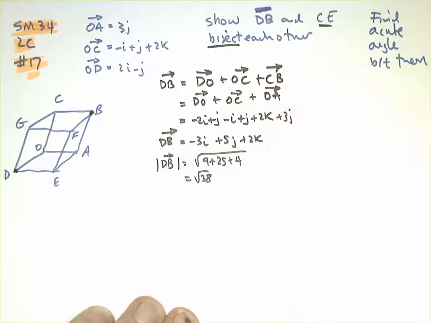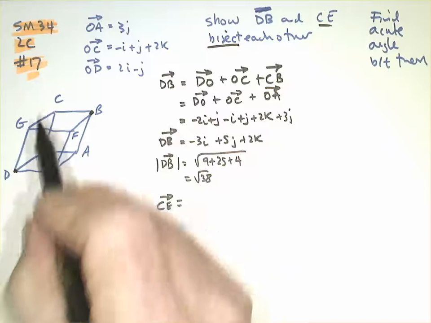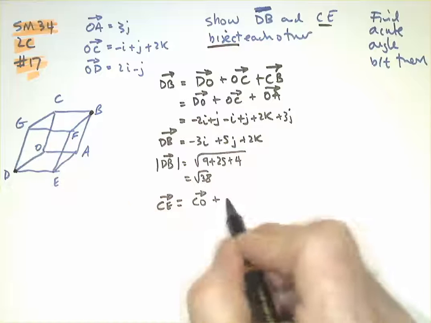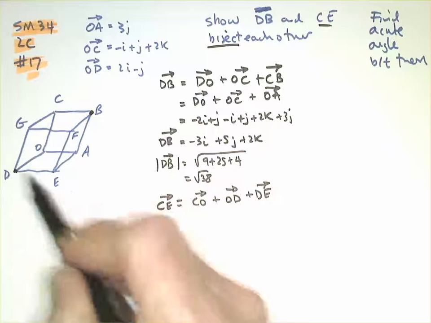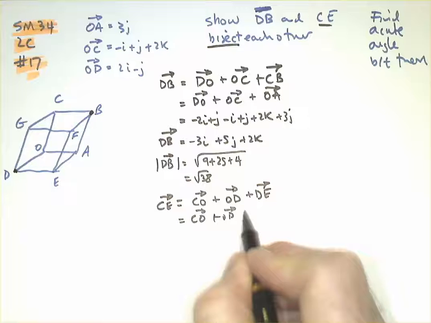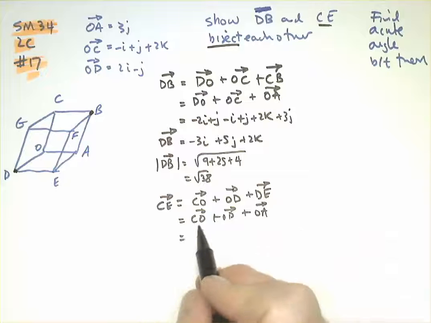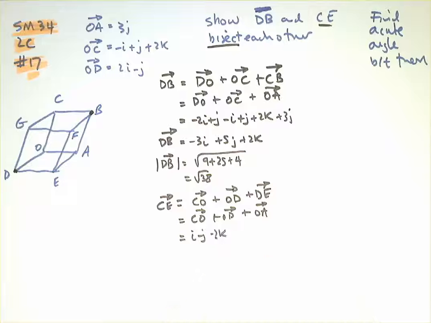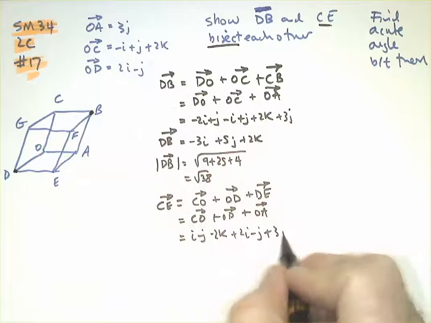And I also need CE. So CE will give me C to O plus O to D plus D to E, which is C to E, which is C to O plus O to D. D to E is the same as O to A. And that's going to be C to O, which is that backwards, I minus J minus 2K, O to D plus 2I minus J, O to A plus 3J.